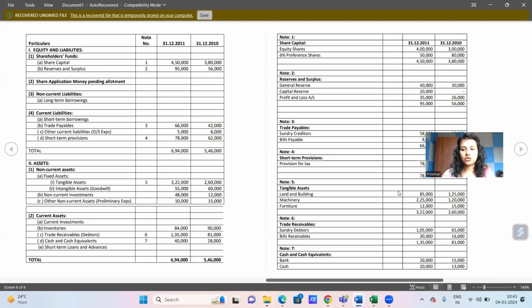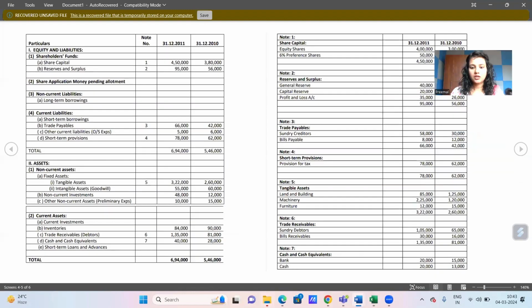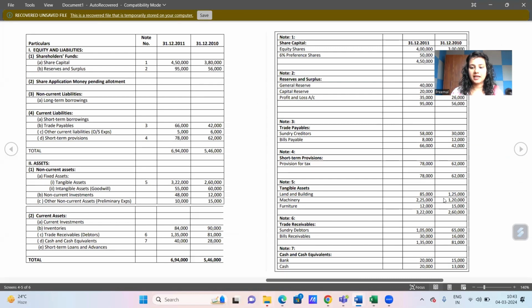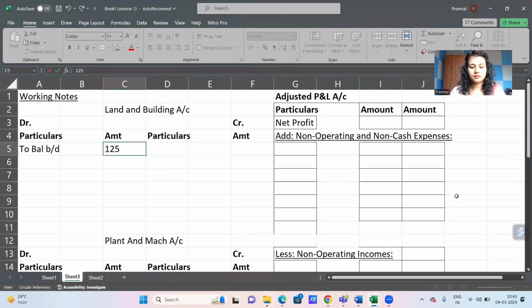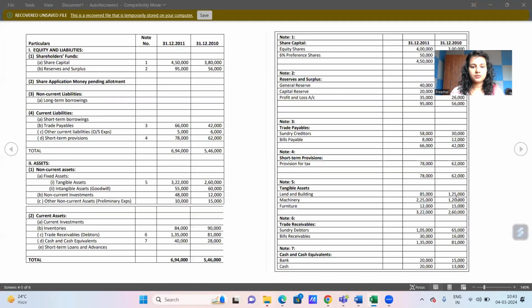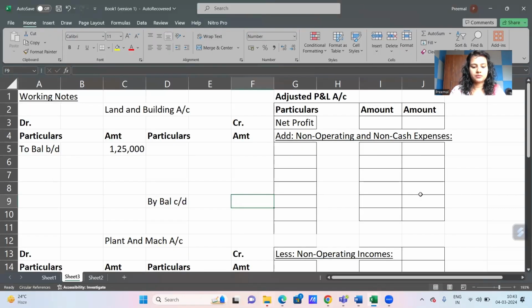Look at the note here, note number 5. The first item under tangible assets is land and building. So the opening balance is 1,25,000. And the closing balance, by balance carried down, is 85,000.